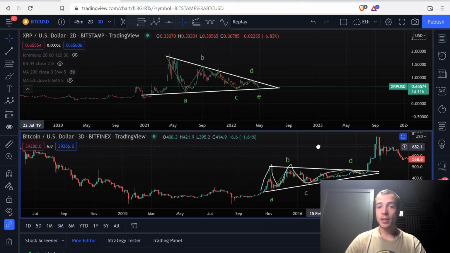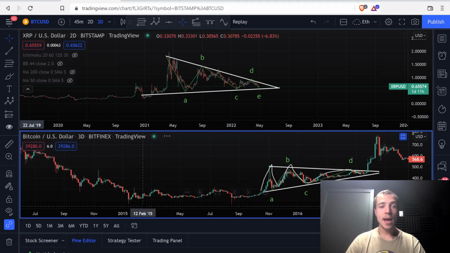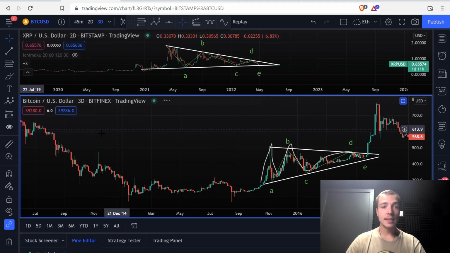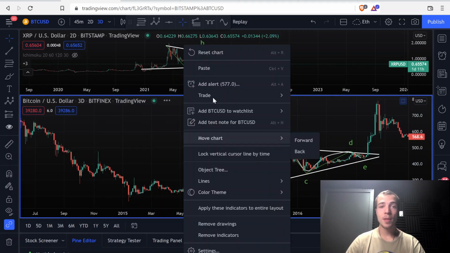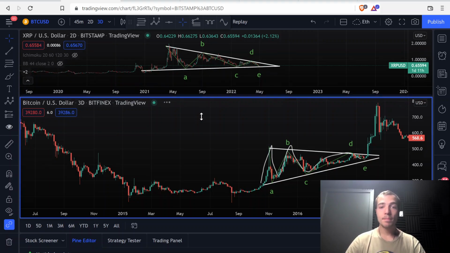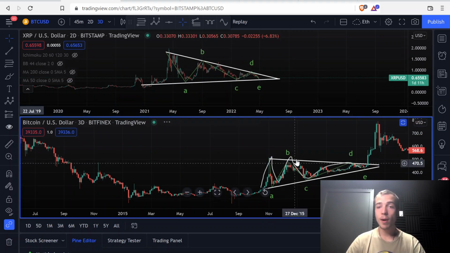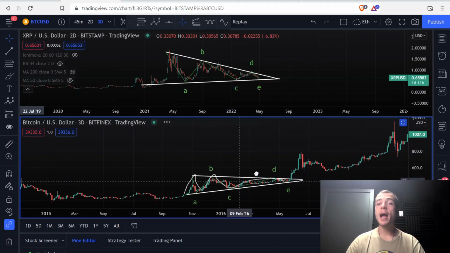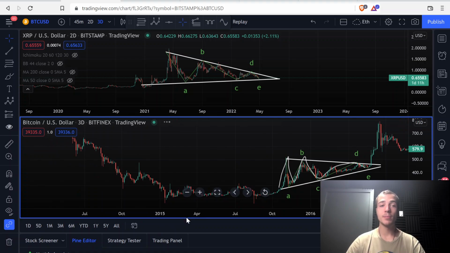But before it went to 20,000 per coin, everybody panic sold. It consolidated sideways for a long period of time. Then it started breaking into a bull market and consolidated into a triangle, and then continued to make higher highs and higher lows all the way to 20,000 per coin.